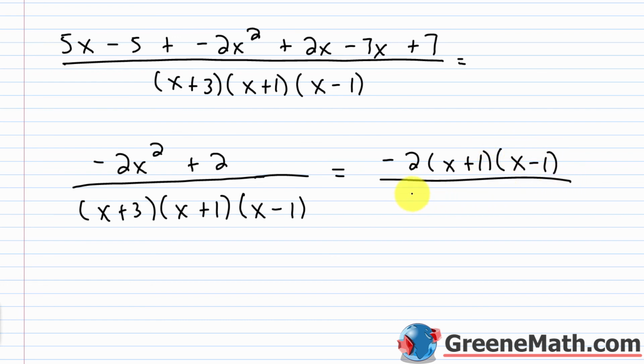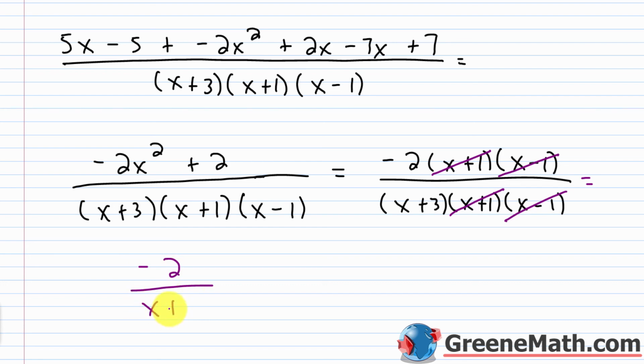And this is over the quantity x plus 3 times the quantity x plus 1 times the quantity x minus 1. So look at what we can cancel. We can cancel this x plus 1 with this x plus 1, and this x minus 1 with this x minus 1. And in the end, I'm left with negative 2 over the quantity x plus 3.